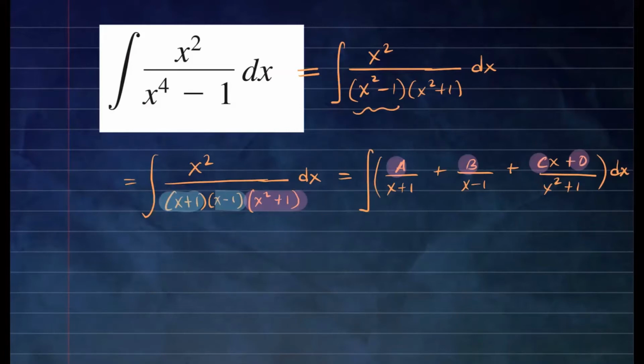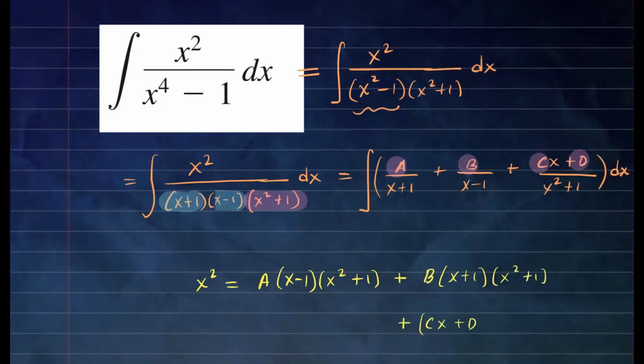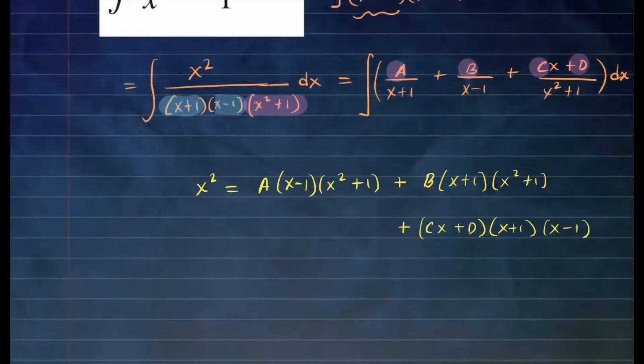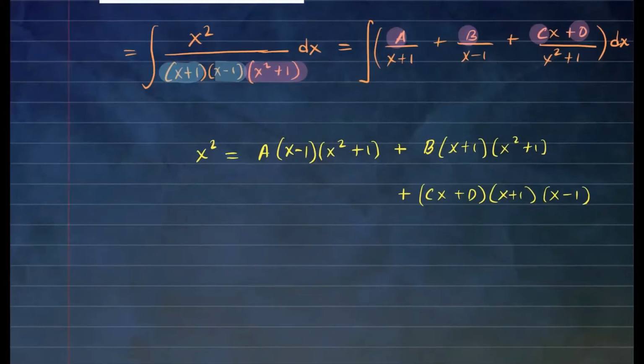On the left side, we have just x squared, but on the right side, you have a times (x minus 1)(x squared plus 1), plus b times (x plus 1)(x squared plus 1), since the x minus 1 cancels, plus (cx plus d) times (x plus 1)(x minus 1), since the x squared plus 1 cancels. So that's the equation we have to solve. Our goal is to find a, b, c, and d.